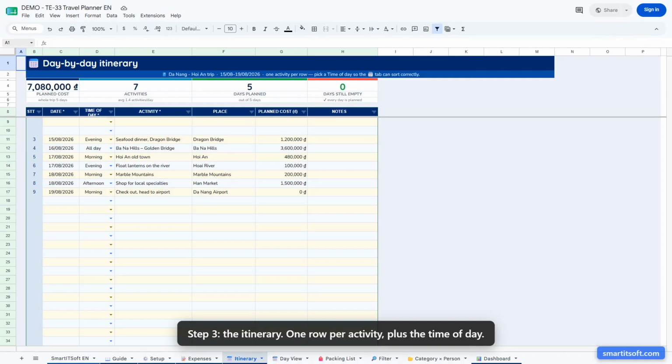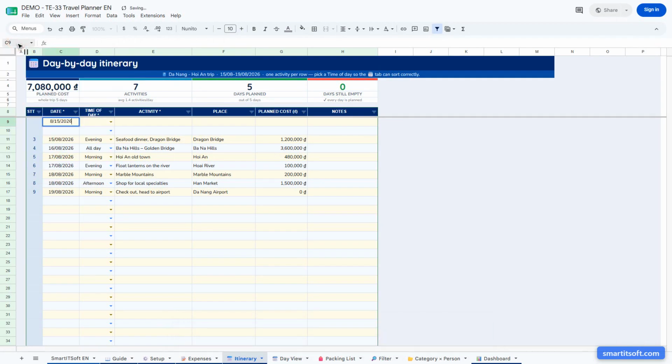Step 3. The itinerary. 1 row per activity, plus the time of day.